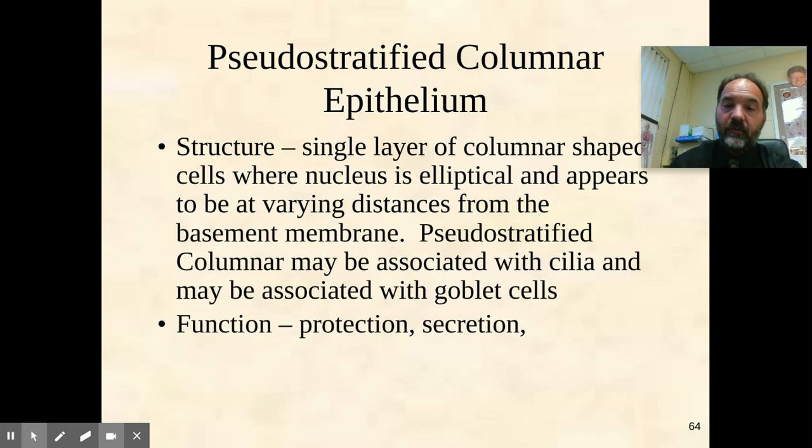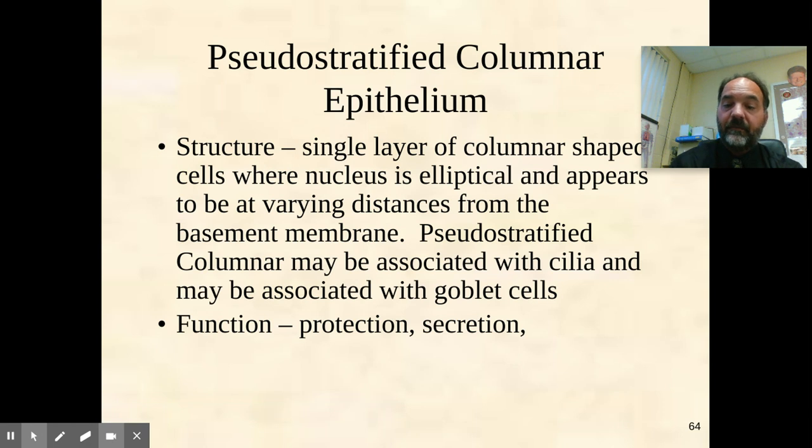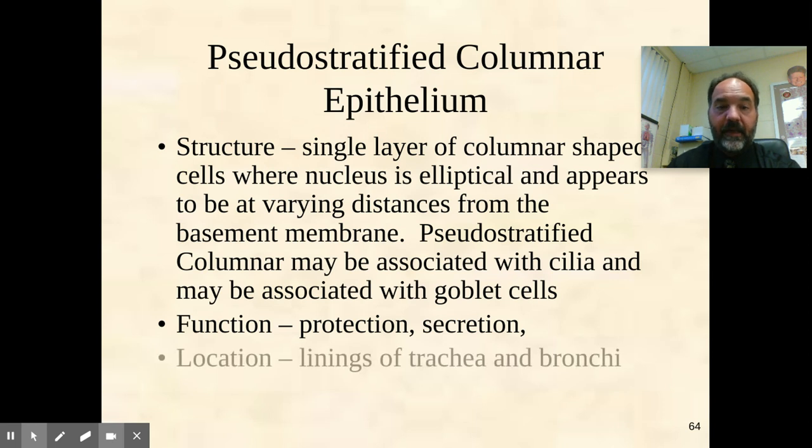And secretion, once again here, we are talking about secretion that is involved with the goblet cells. Goblet cells secreting mucus in the respiratory system. And that mucus is there to trap harmful things that we inhale with every breath. The location of pseudostratified columnar is in the trachea and the bronchial tubes of the lungs. So places in our respiratory system, trachea and bronchi.